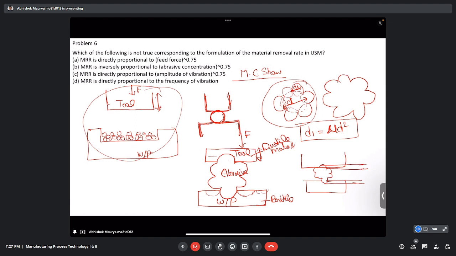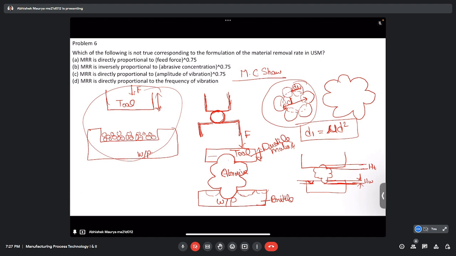Let's call it ht. And this much of material it is removing in a hemispherical shape, and the depth of that hemisphere is given by hw.